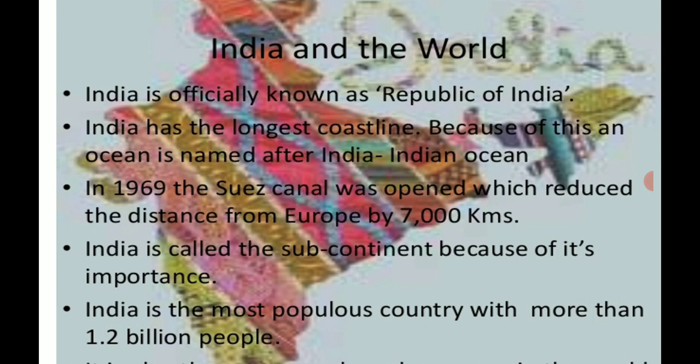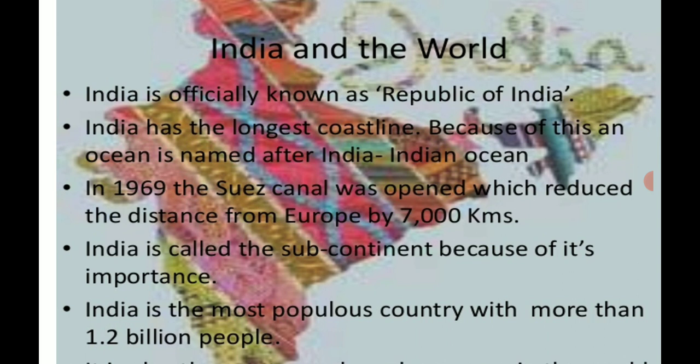In 1969, the Suez Canal was opened, which reduced the distance from Europe by 7,000 kilometers. So it was nearer. So easily we could travel from here to other countries, and they could also come to our country. India is called the subcontinent.